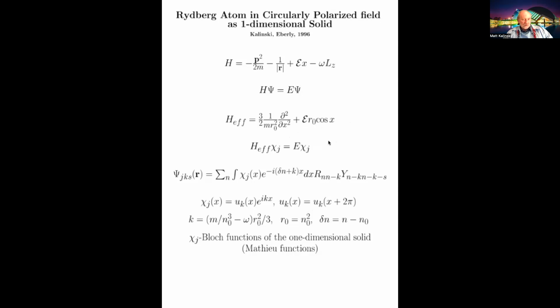You have the Kronig-Penney model with simply the well potential, but you can consider also a solid with cosine potential, and then the eigenfunctions are Mathieu functions, and you will get the Trojan wave packet as the Bloch function of one-dimensional solids.